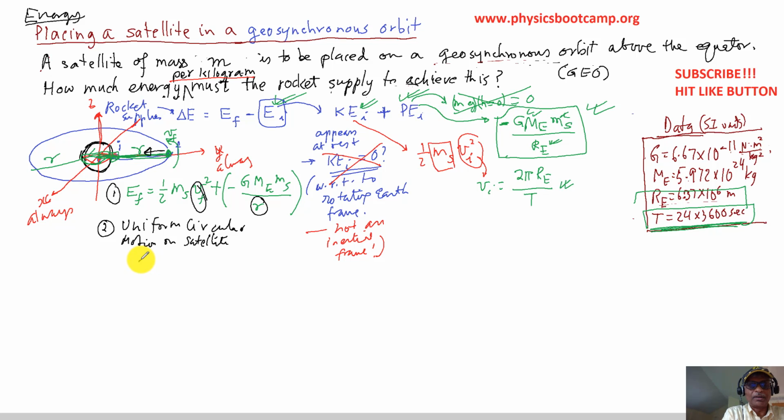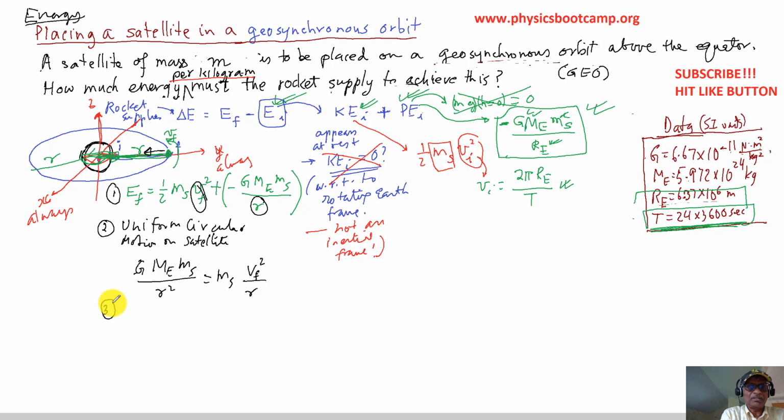You have the force of gravity, which will be G, in this positive direction, M Earth, m satellite over r squared. That's the force, and that's going to be m_s v_F squared over r. So this is another expression which has two unknowns here. So that's not enough information. This is one.